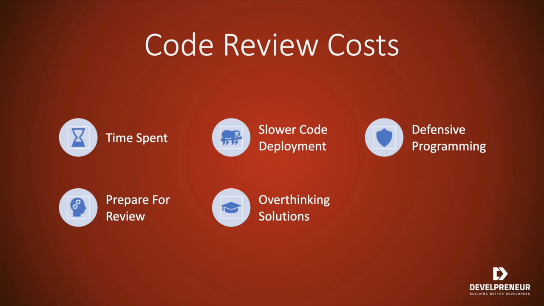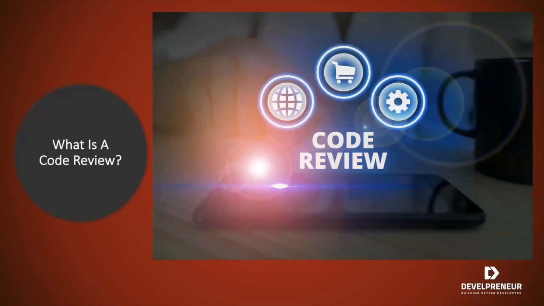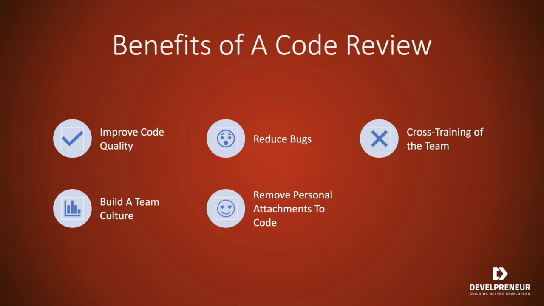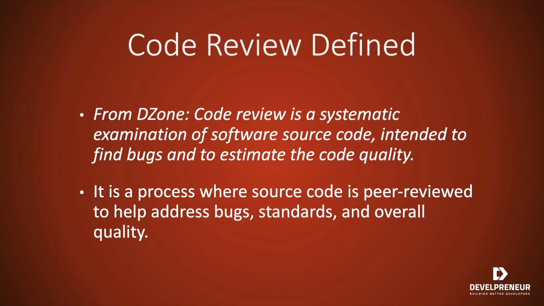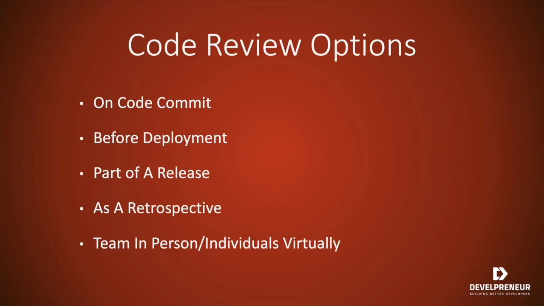So think about, while we're doing this, we go back to the code review points. Oh, here we go. If you do your code review, you could do it on code commit, before you deploy, as part of a release, and as a retrospective. So there could be multiple points where you're reviewing code.